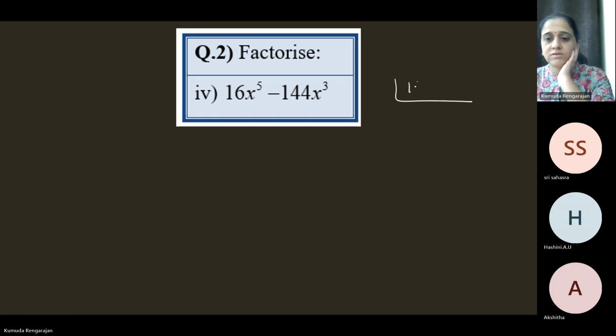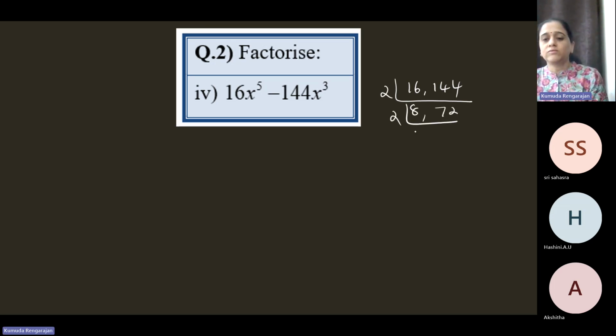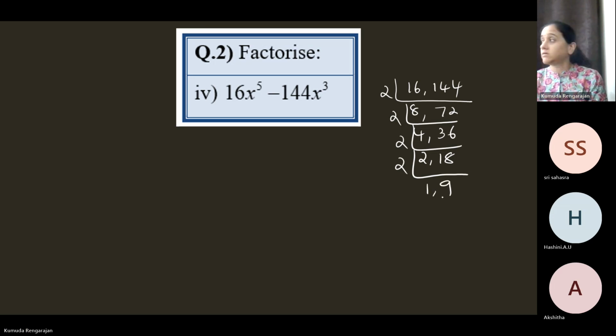Like this: 16, 144. You should use only prime numbers. 2 eights are 16, 2 seventy-twos are 144.